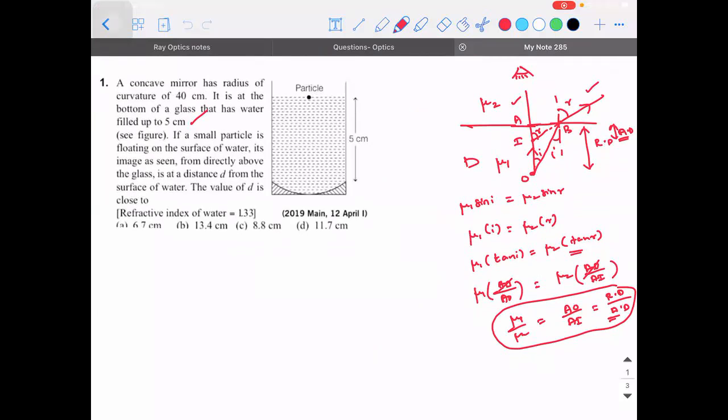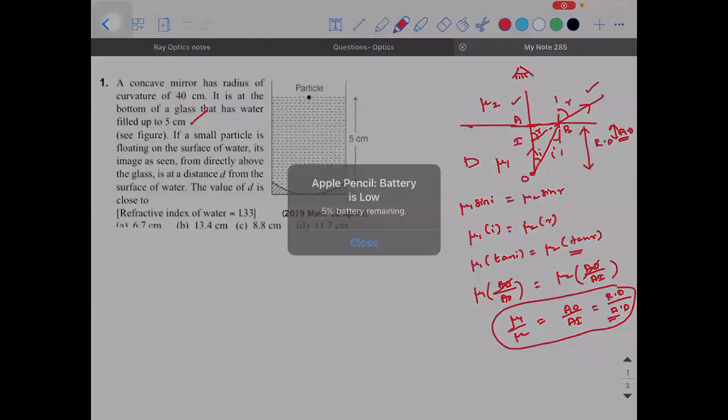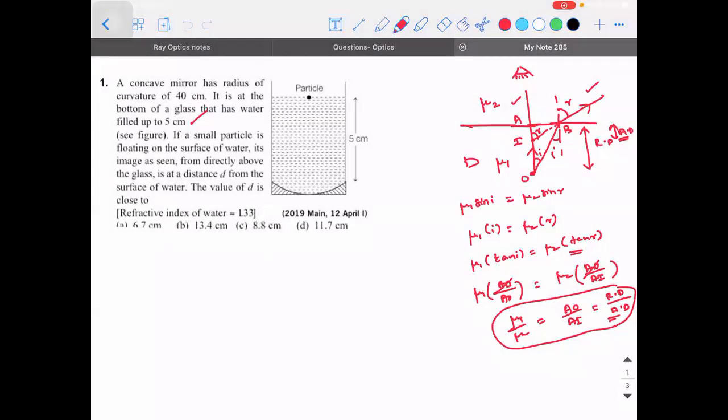Okay, before real depth, there is something else that is going to happen. For this particle, what will be the work of this concave mirror? We are not concentrating on it at all. So with respect to the concave mirror, what is the object distance? -5 centimeter.